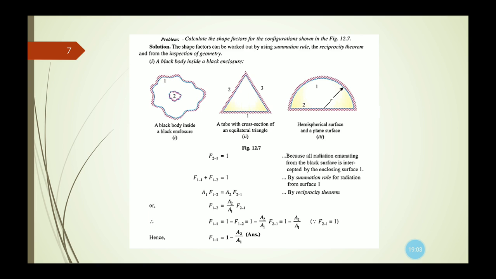So using the different salient features of the shape factor, we have calculated the shape factor F11 when a black body is inside a black enclosure.